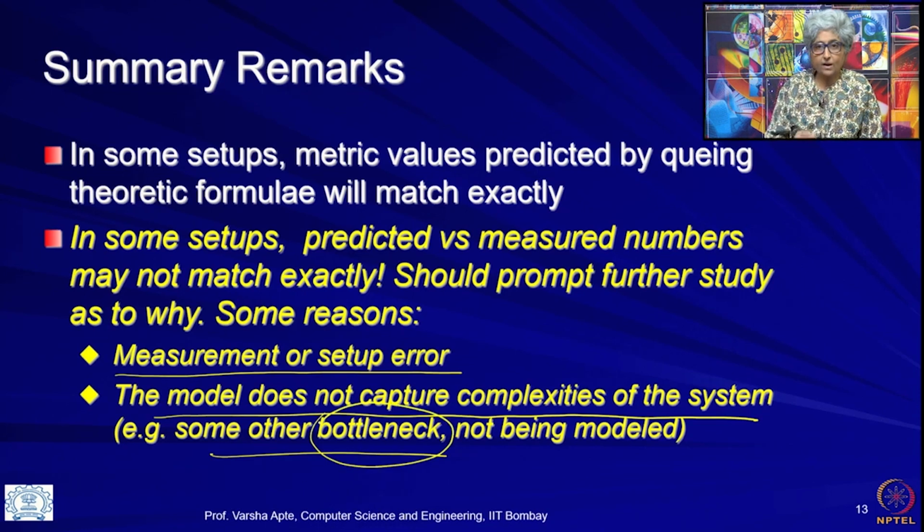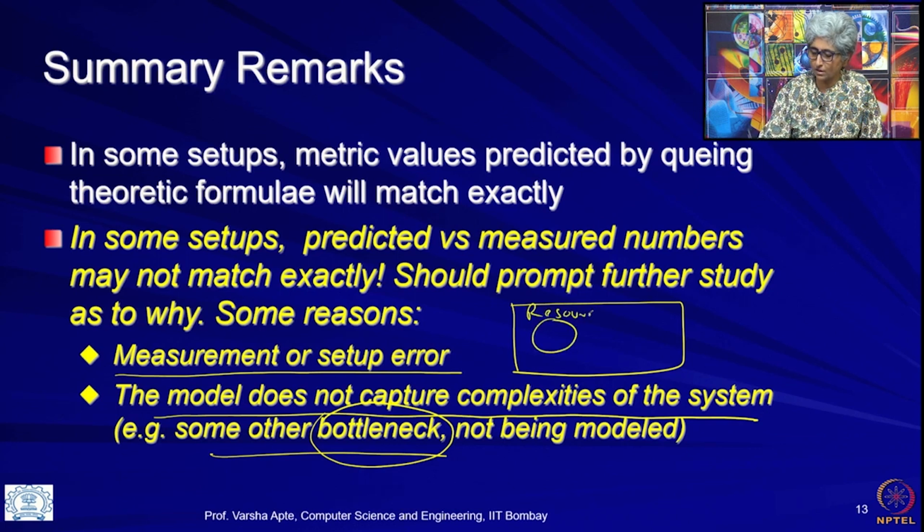Now, what do I mean by bottleneck? Bottleneck is a word that is used in systems when there are multiple resources. So, there is one resource that could be the CPU, there is another resource that could be the IO, and a request that comes into the system may be using this resource and may be using that resource.